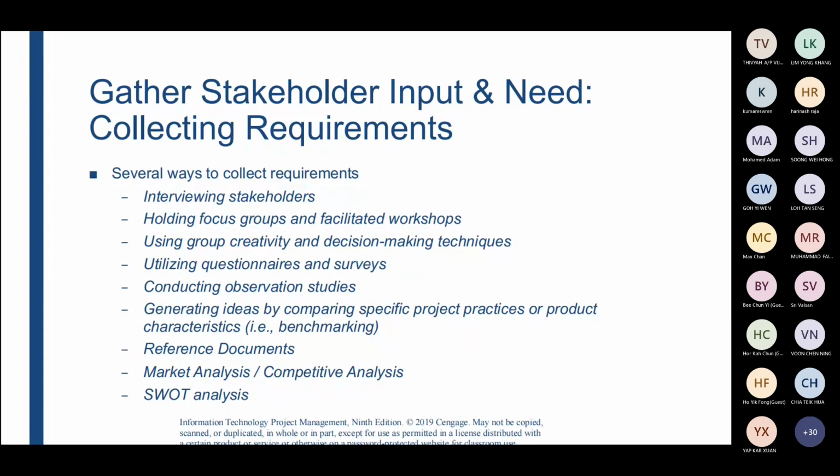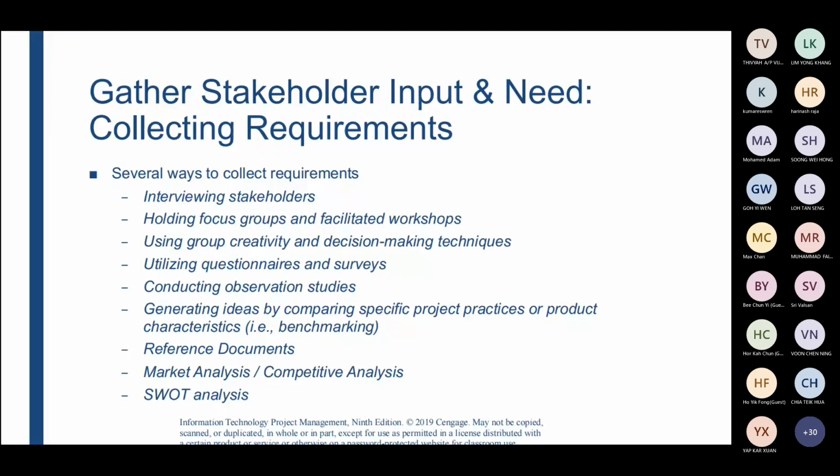So what the stakeholders are looking at, and what feedback or input they provide to you, so that you can do a proper or almost perfect, complete requirement collection, or information gathering. There are several ways. I really hope this will help you for your coursework as well as for your project.